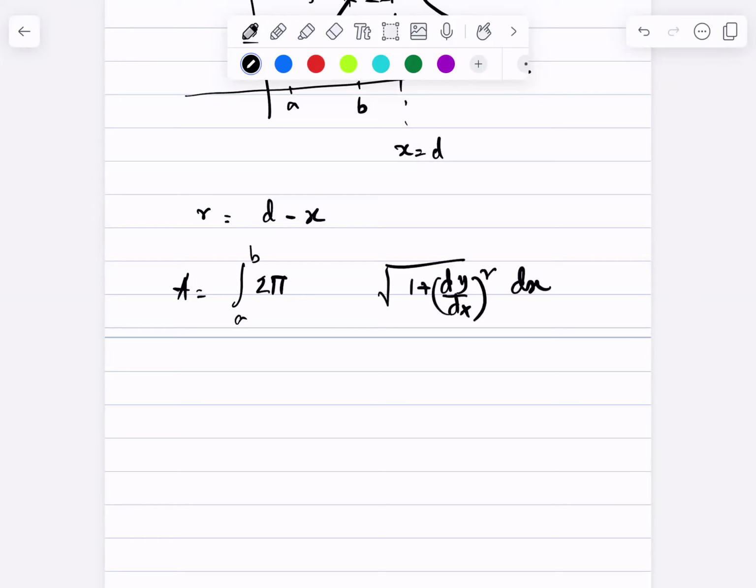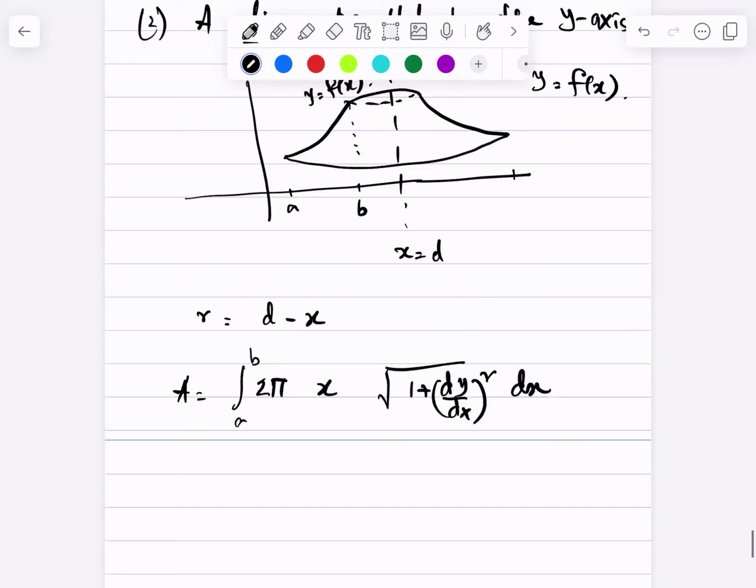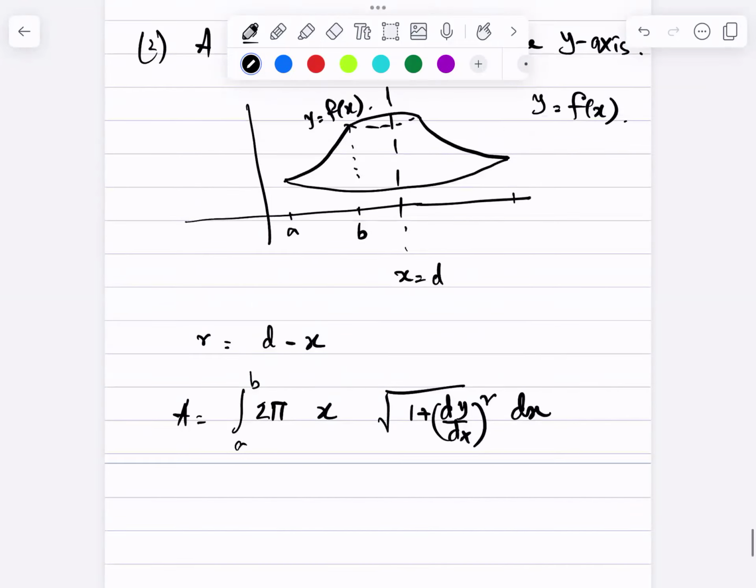But when I was rotating around the y-axis, I had x, and now I'm rotating around x equal to d, so I should take d minus x in this case.